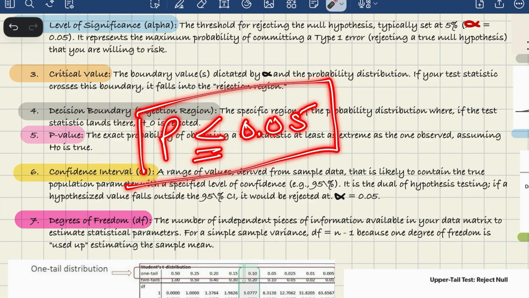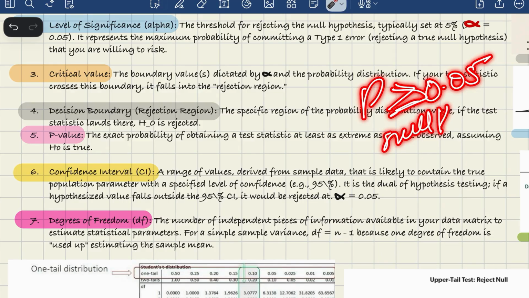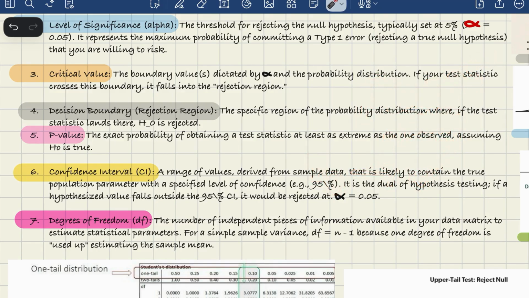And if the p value is greater than the significance level, that means the null hypothesis, H0, survives. So based on the p value, we decide if our null hypothesis will be rejected or not. It is the exact probability of getting your sample result.